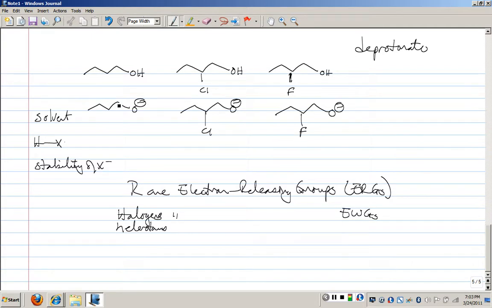So this alkyl group, the butyl group, actively dumps electron density onto the O minus. Now, not only is the O bearing a minus charge on a relatively small atom, and therefore it's fairly intense, but the alkyl group is actually dumping even more electron density on it.